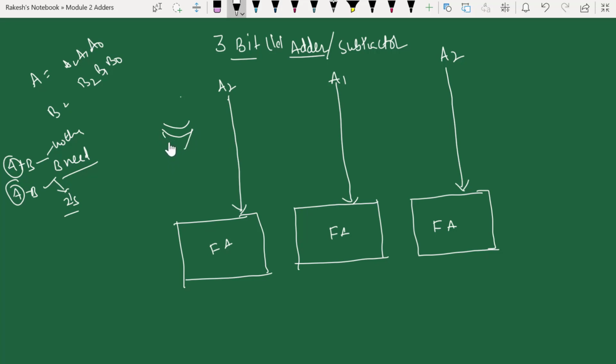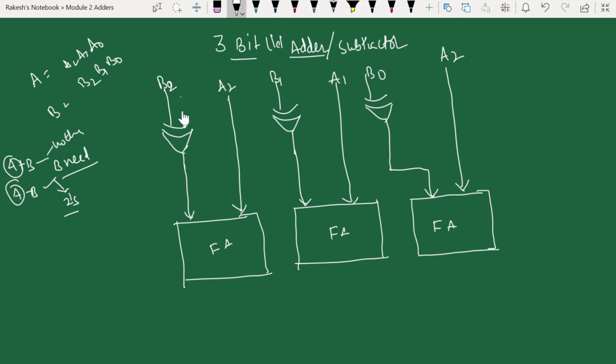Please listen carefully here. I am taking 3 XOR gates for 3 full adders. I am going to use the XOR gate's working function, so it will be more clear when I explain how it's going to go. I am keeping my B2 here, B1 here and B0 here.